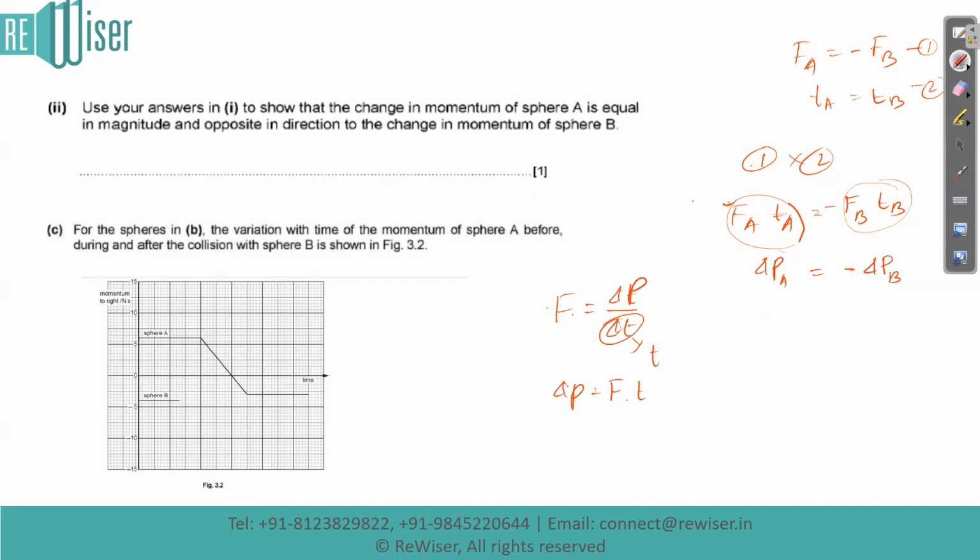So I can write del Pa is equal to minus del Pb. So the change in momentum is mutual, which is equal to FaTa, and they are opposite. How do I express it? By equation.